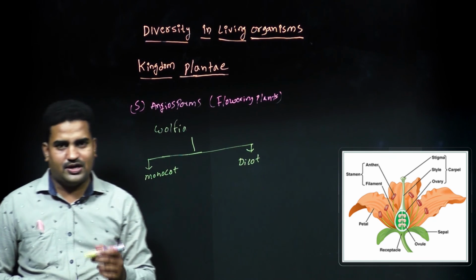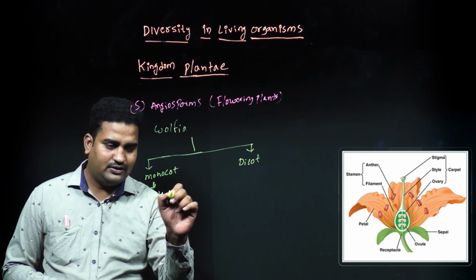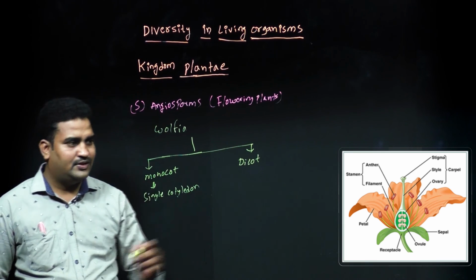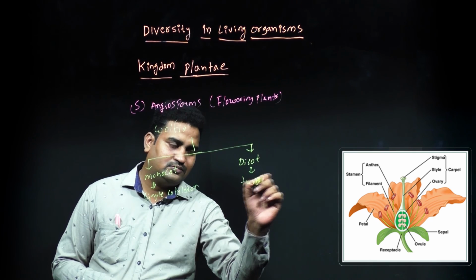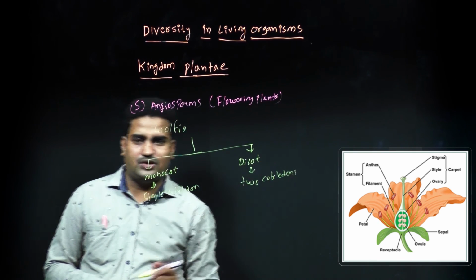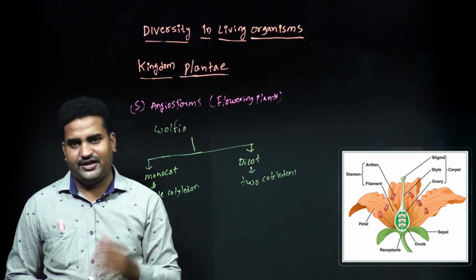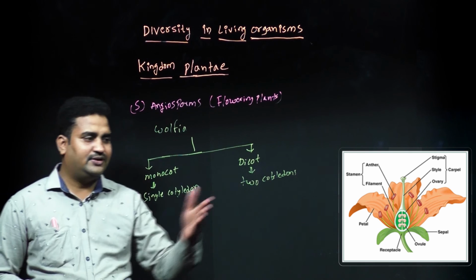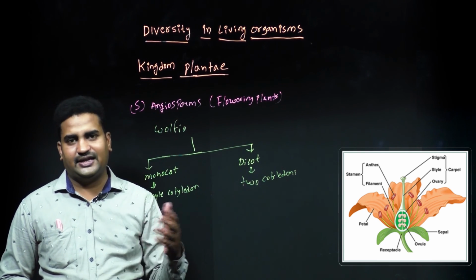So these monocots, they bear a single cotyledon in their seeds, and dicots bear two cotyledons. Monocots show parallel venation in their leaves, dicots show reticulate venation in their leaves.